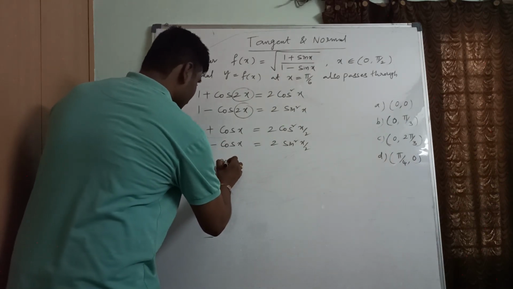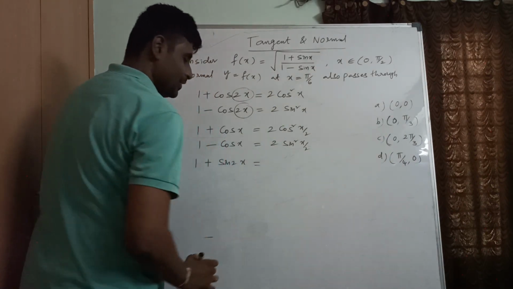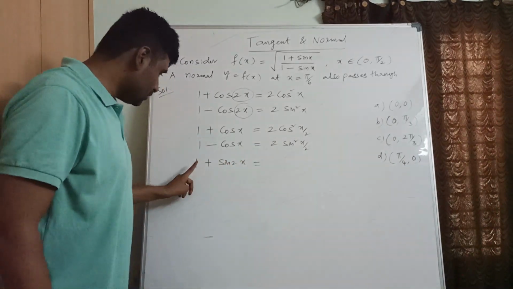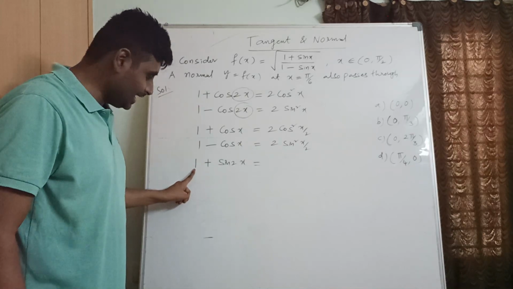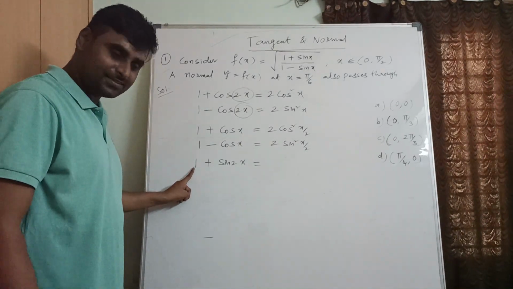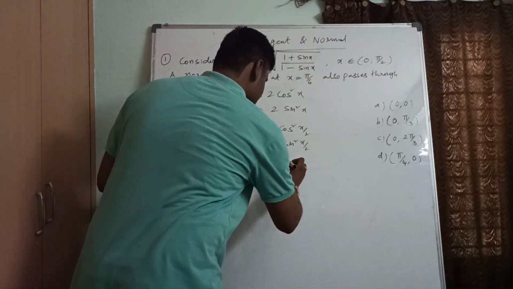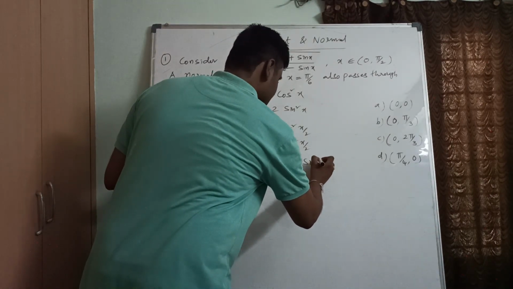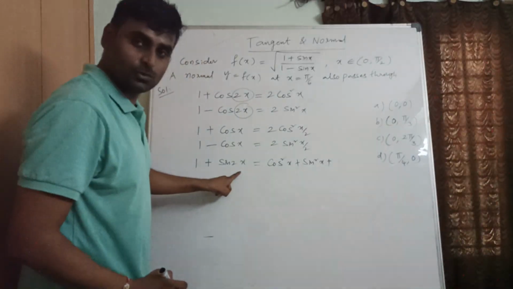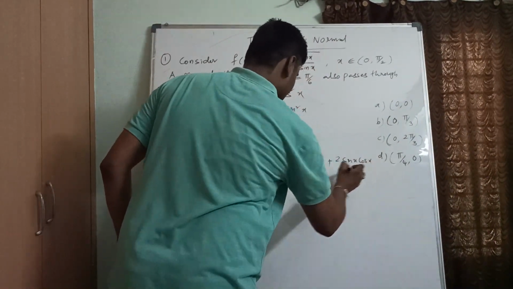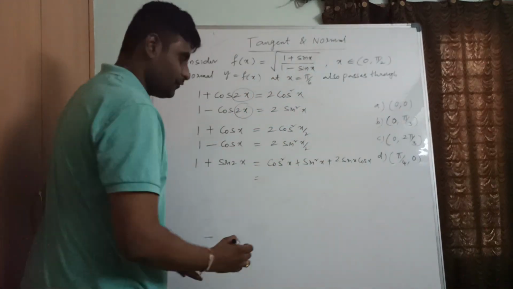1 plus sin 2x can also be written as (cos x plus sin x) whole square. The 1, can I write it as cos square x plus sin square x? Cos square x plus sin square x, right? Plus, what is the sin 2x formula? 2 sin x cos x, correct? So now tell me, what will be the formula?